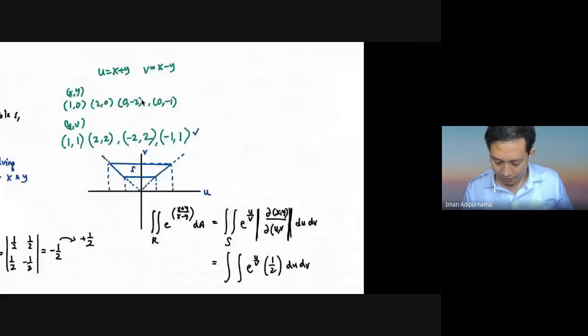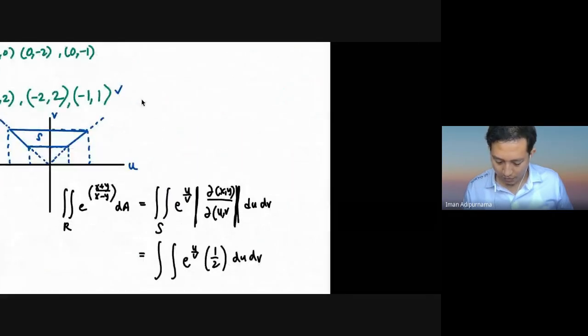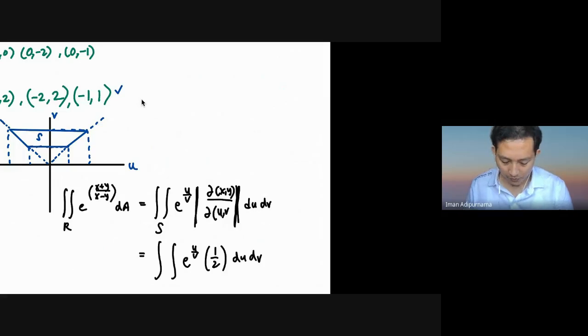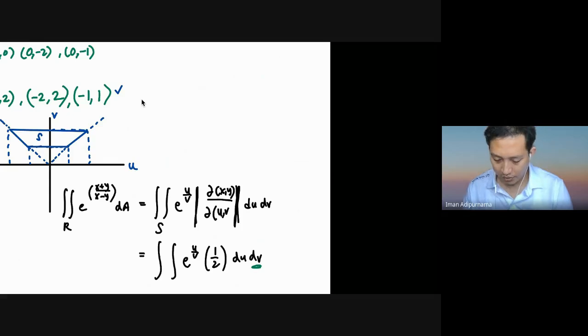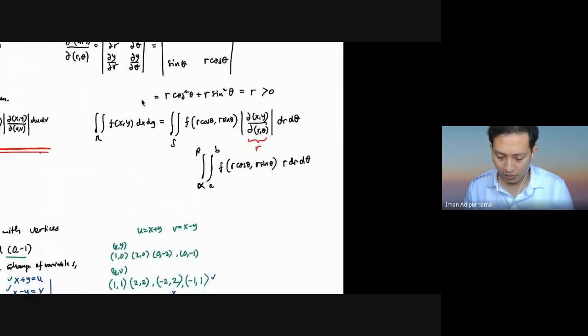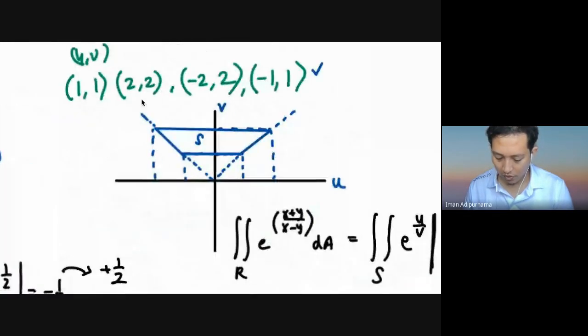So negative half. So take the positive one. And then if we want to take du dv, so we want to make v as a constant. So we can do it like usual in our double integral as usual. So let's say this is 1, 1, 2, 2.